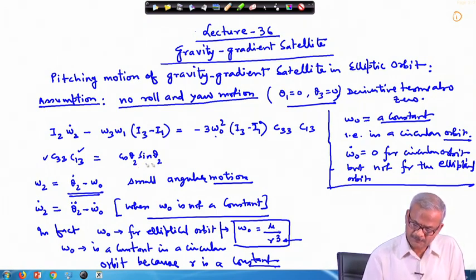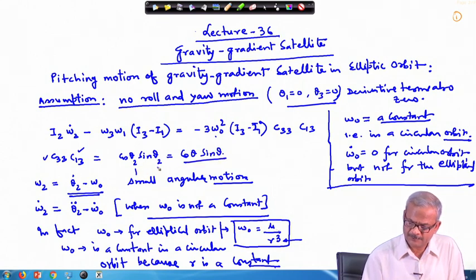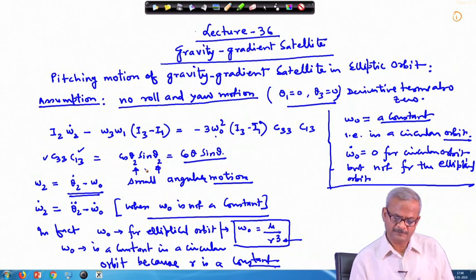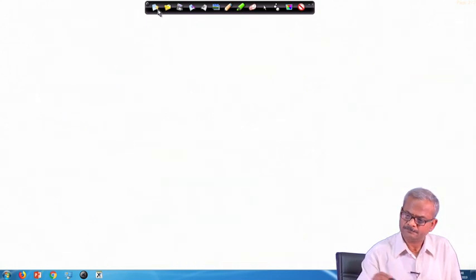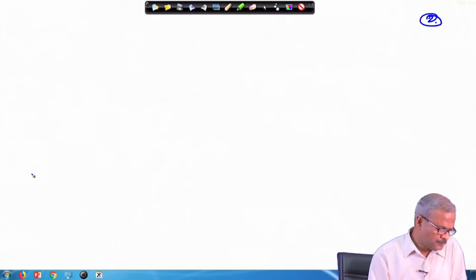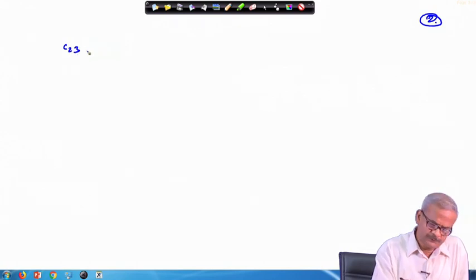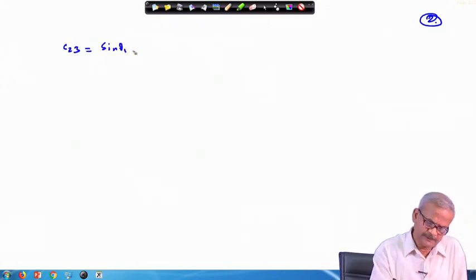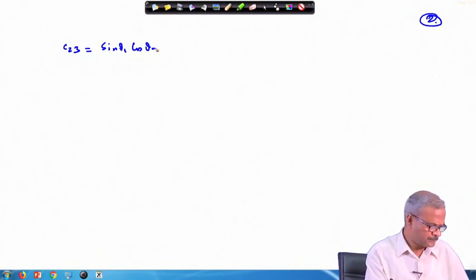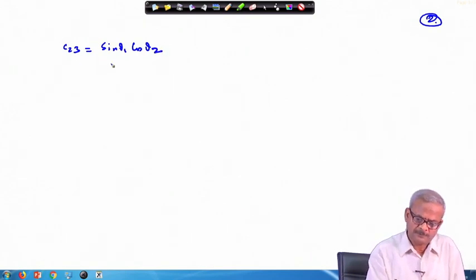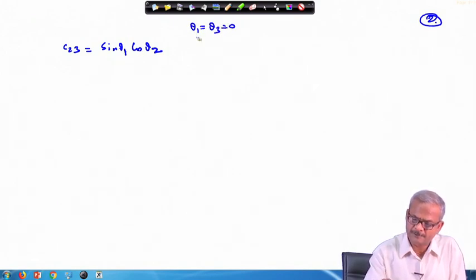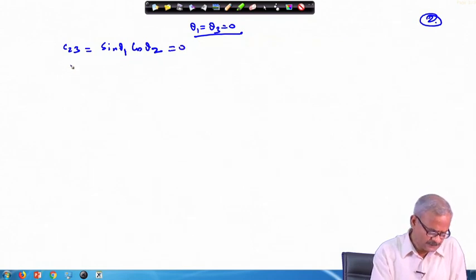So, this theta 2 we are writing here; if we replace this in terms of cos theta and sin theta, it will be much more convenient to work with. To start with, C 2 3 we have written as sin theta 1 times cos theta 2, and because theta 1 and theta 3 are chosen to be 0, this quantity vanishes.